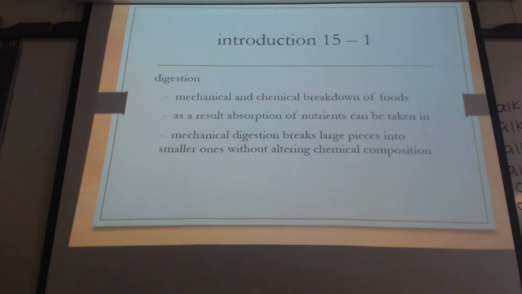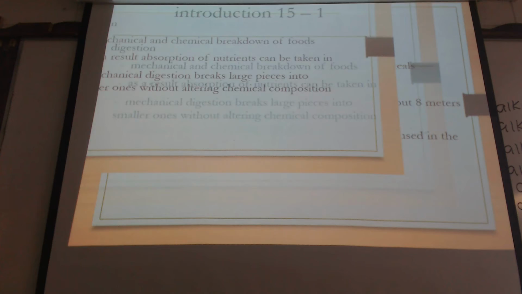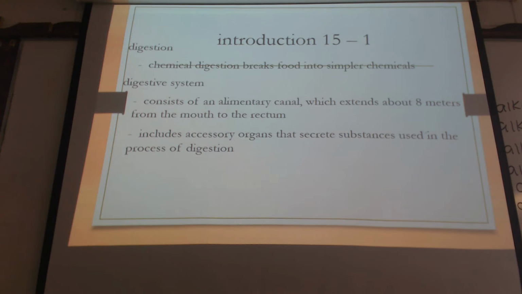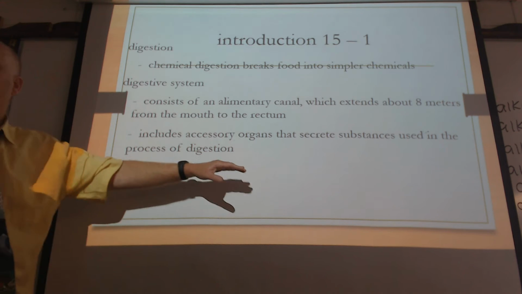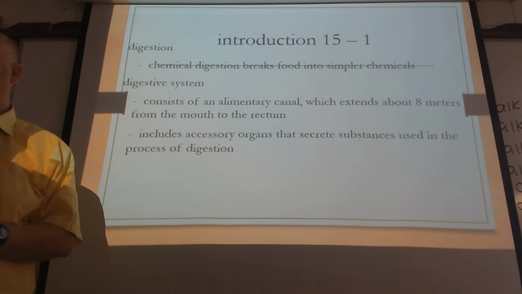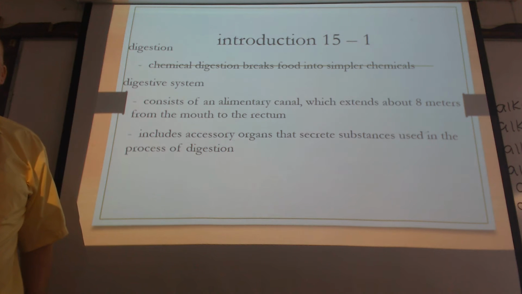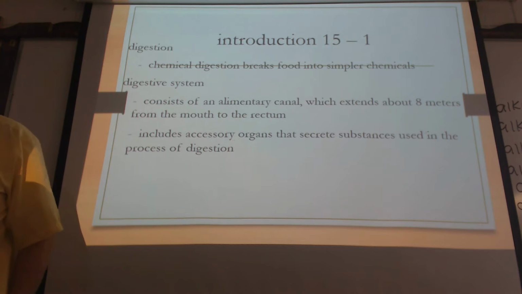So, like you said, it's the mechanical and chemical breakdown of food, and I think this is where we left off yesterday, correct? Okay, and we verbally said, what is an accessory organ to the alimentary canal? Two main ones that we mentioned.